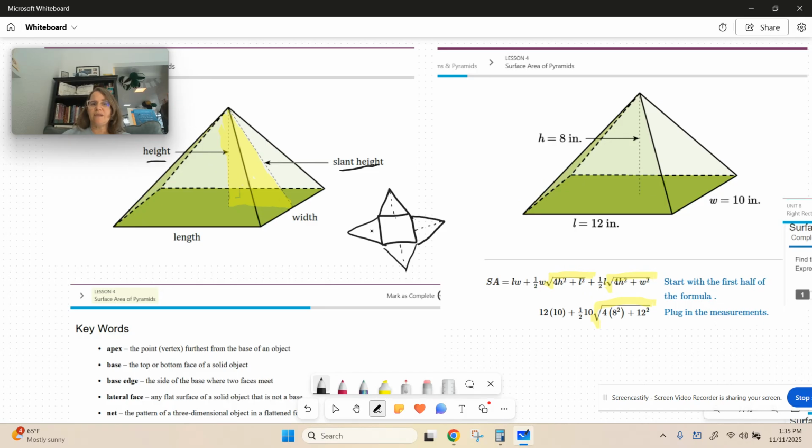It would look like this, and the slant height would be the height of these 4 triangles. So the base here would be length times width.